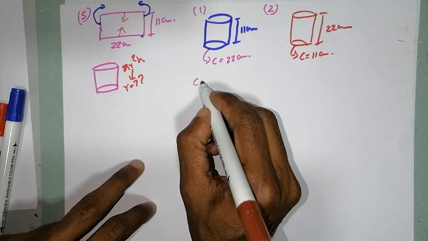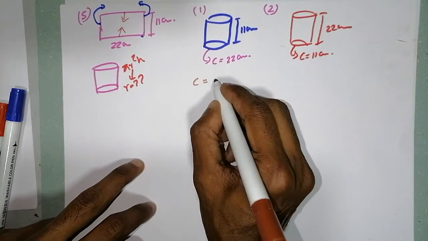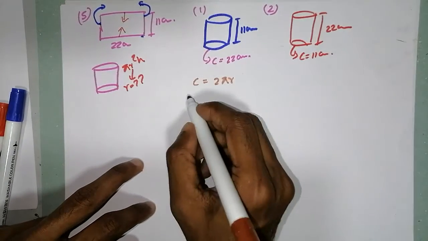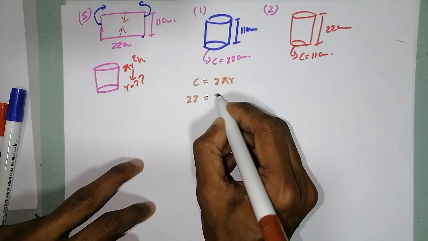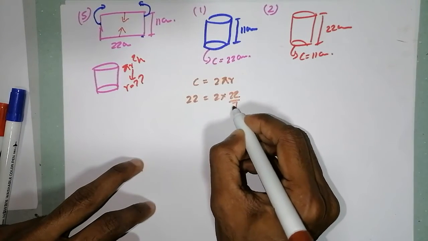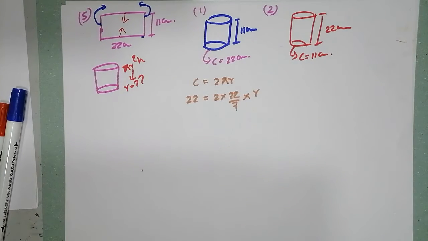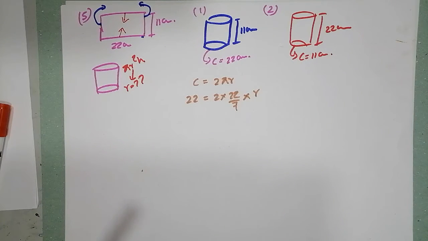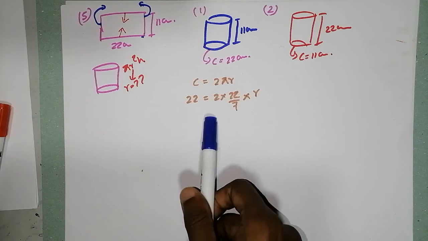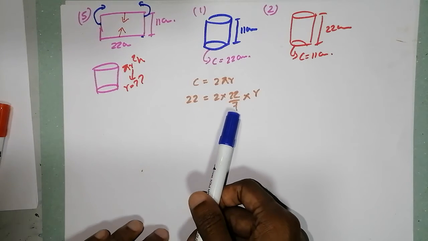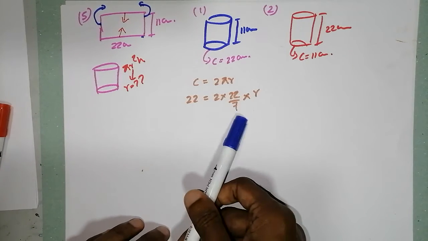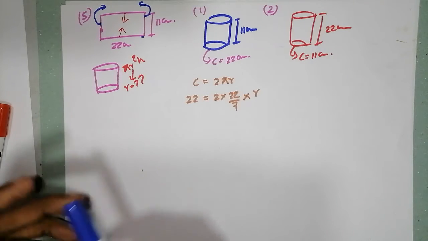Circumference is equal to 2 pi r. The circumference is 22, so 2 into 22 over 7 into r. We need to find r. We can't simplify the values directly, so we need to move the values to the other side of the equation.